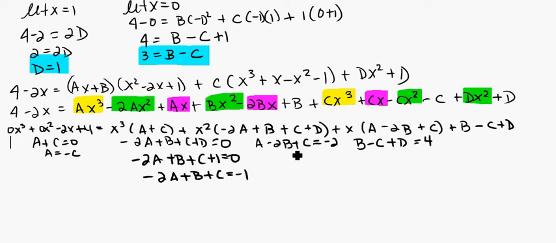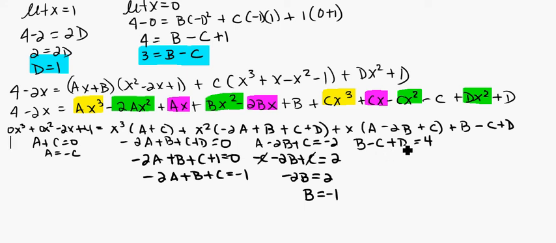Nothing helpful here, except that a is equal to negative c, and if I plug negative c in here, I'll just be left with b, so I'm going to do that. So negative c minus 2b plus c is equal to negative 2. These two c's cancel. I'm left with negative 2b is equal to negative 2.